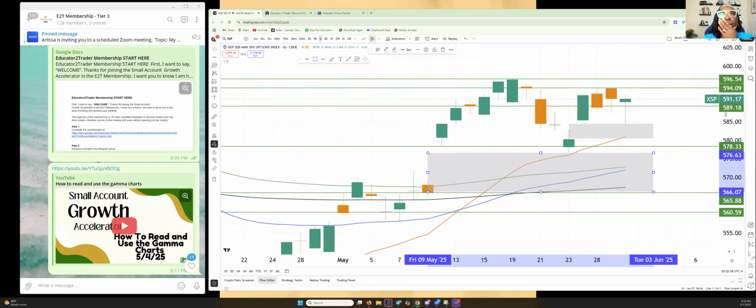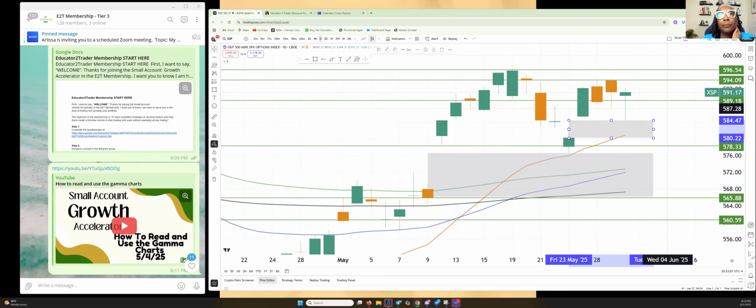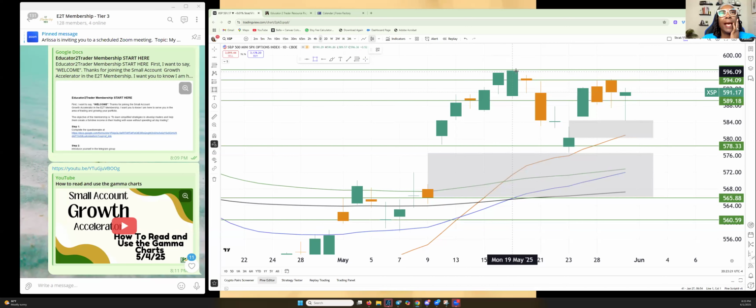These are the gaps there. Close of one candle, open of the next candle, and then pull off the wick. So this one is from 580.27 all the way up to 584. That's a gap. Here's one up here that's still open. Anytime you see color changes, there's probably a gap there. From the top of this green to the bottom, to the top of that orange there, that's also a gap.